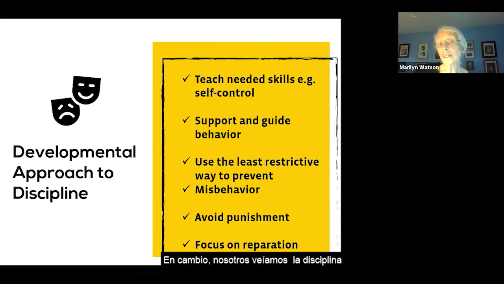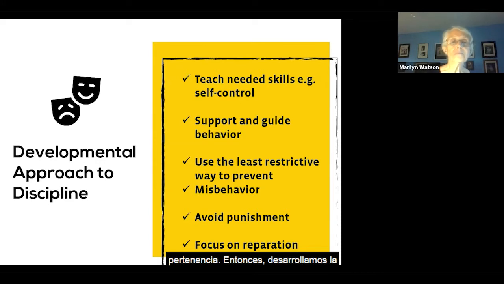And we look at discipline as one of the very central ways that a teacher can teach moral development at the very point where the student is ready to hear it, right when it's applicable, not in some sort of general, detached way.